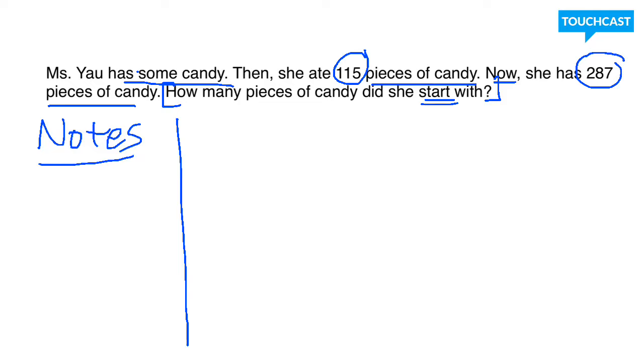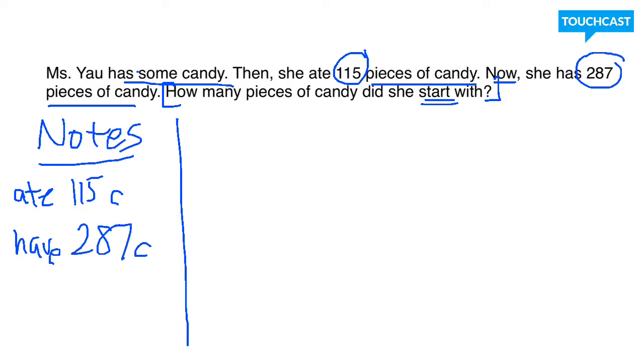Okay, so Ms. Yao has some candy. Then I ate 115C, which is candy. Now I have 287C. And the question's asking me, how many pieces of candy did she start with? Well, I'm going to use that keyword, start.